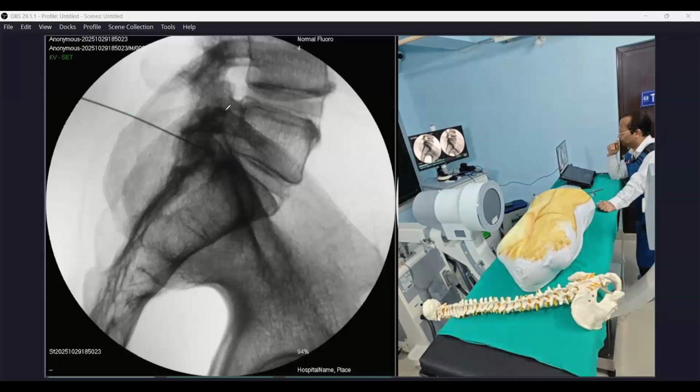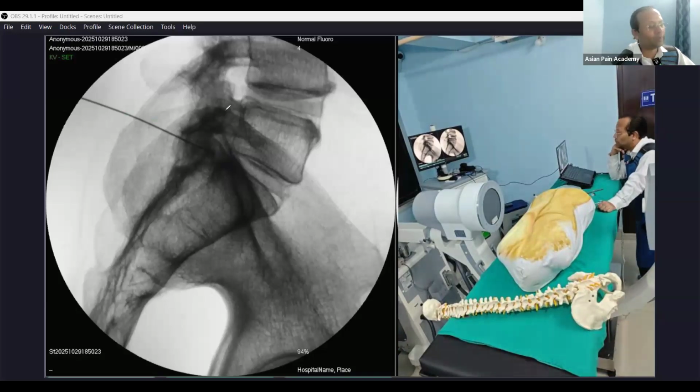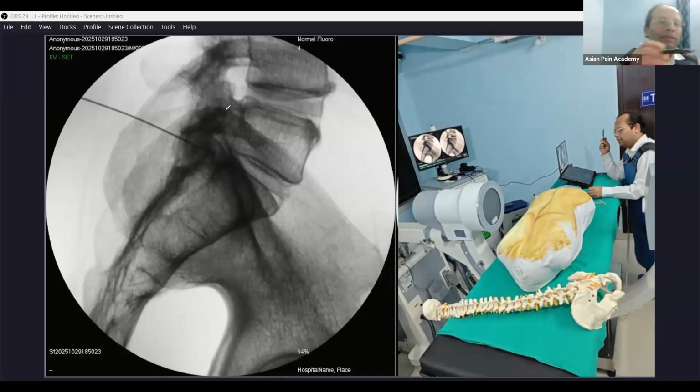And sir, if we are initially scared to go deep, and we stop too superficially, and we took a lateral view and understood that it's too superficial, can we come back to the oblique view? Yes, of course. It is better to come back in the oblique view and then go a bit more. Say in lateral view, you see your tip is here.